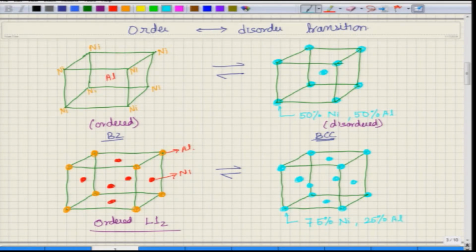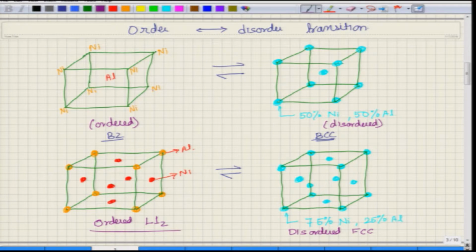This will be called disordered, and the structure would be called FCC. So, that is the difference.